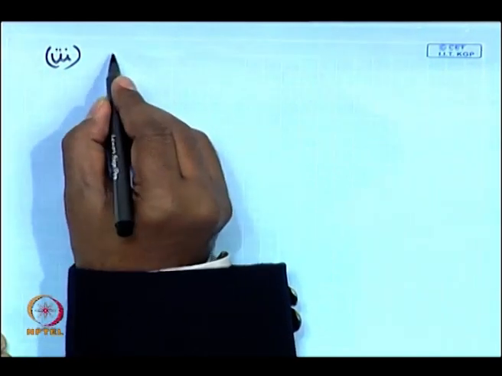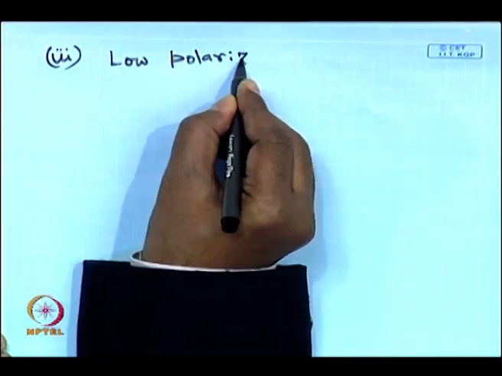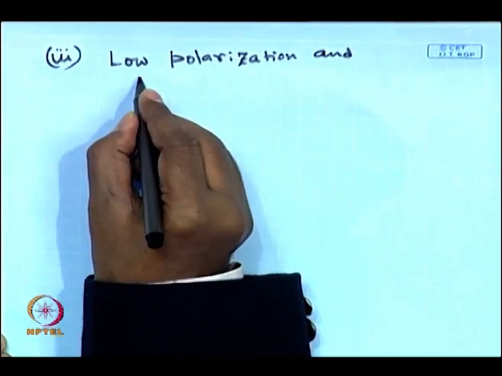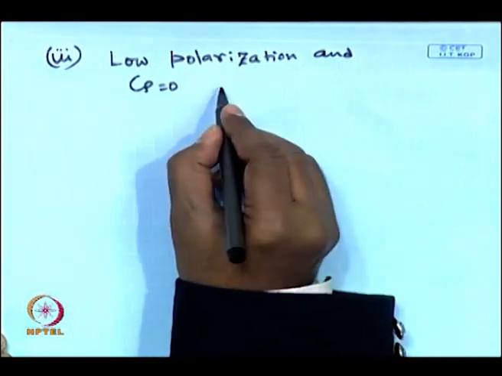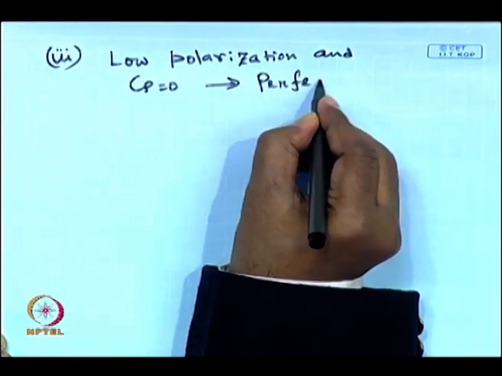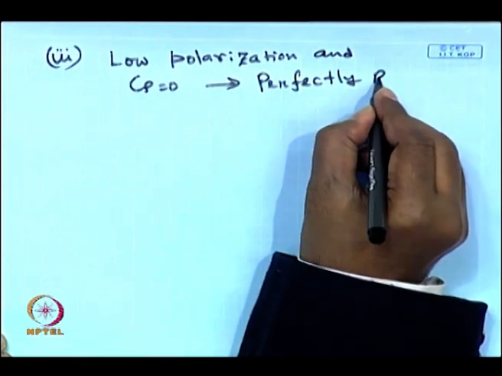Now, case number 3 will be low polarization, the earlier one, and Cp is equal to 0. That means it is a perfectly retentive membrane as far as the solute is concerned.